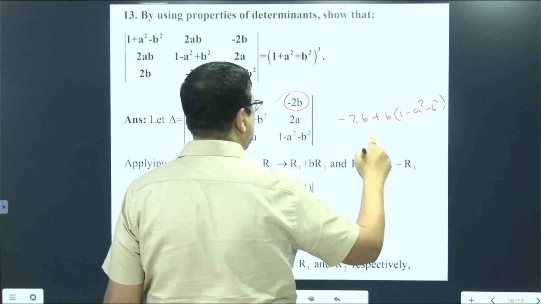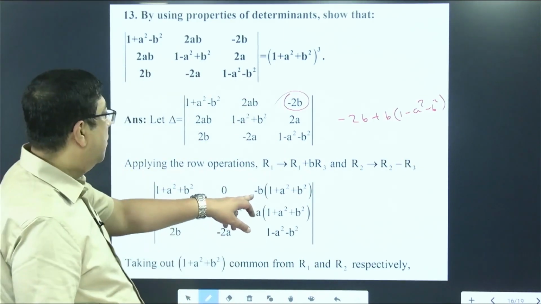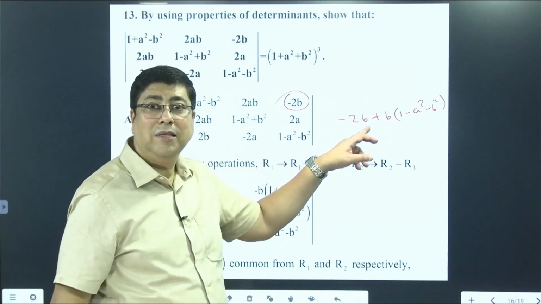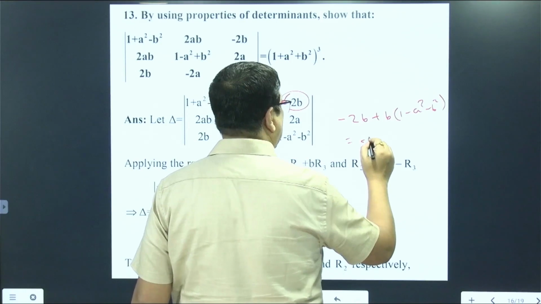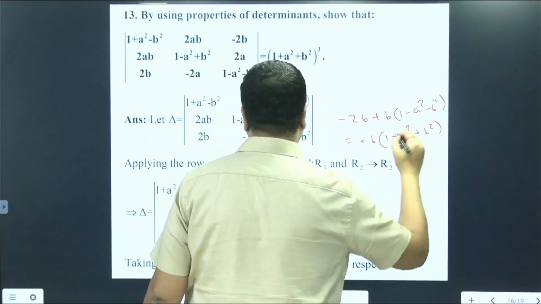Actually the calculation is this. If we take minus common, it is minus b into 1 plus a square plus b square. Actually it is coming here.